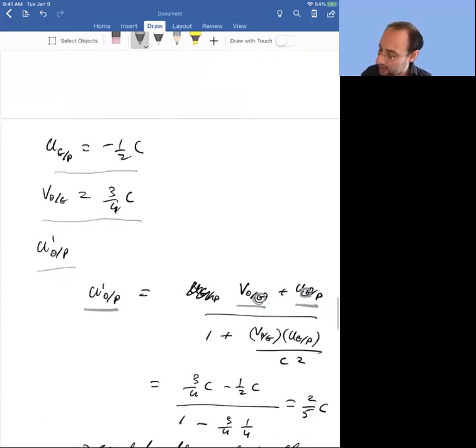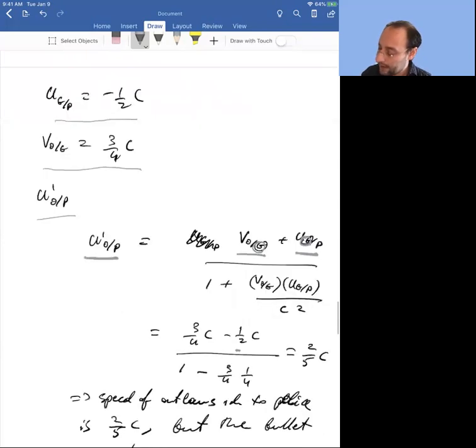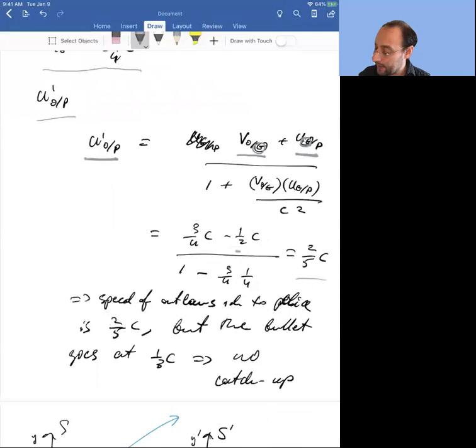And then you just put these things into the denominator, into the appropriate slots. Okay, velocity of the outlaws relative to the ground is 3/4 c. Velocity of the ground relative to the police is minus half a c. And then you have the denominator that comes along. You get 2/5 c. So the speed of the outlaws relative to the police is 2/5 c.